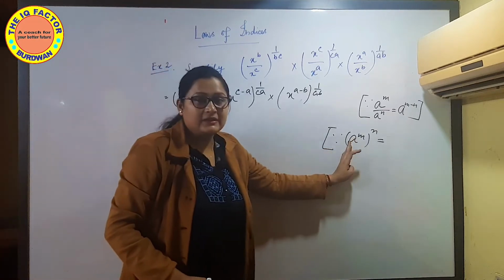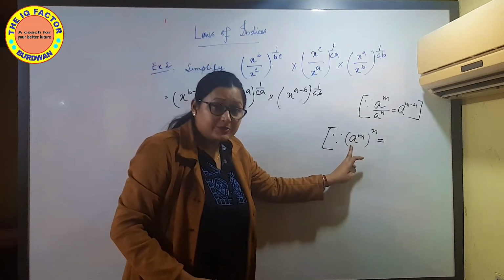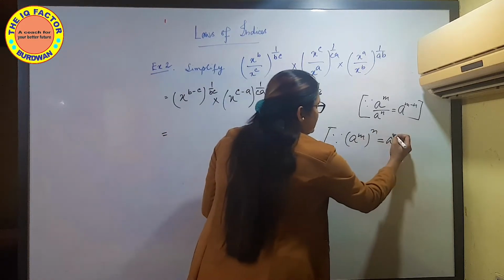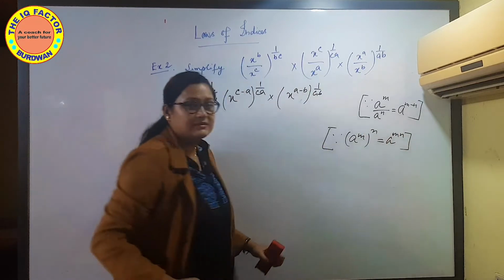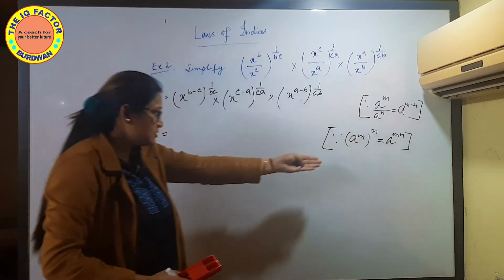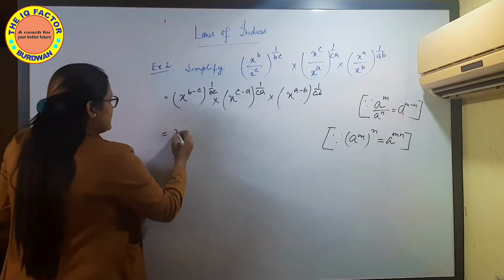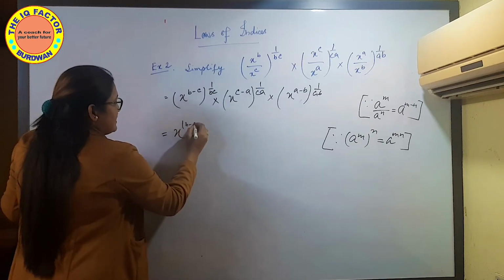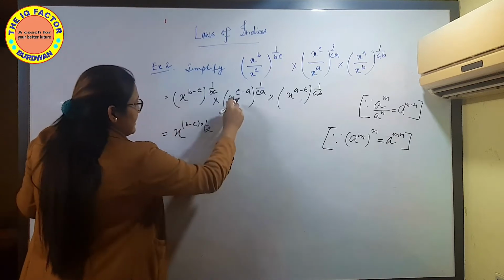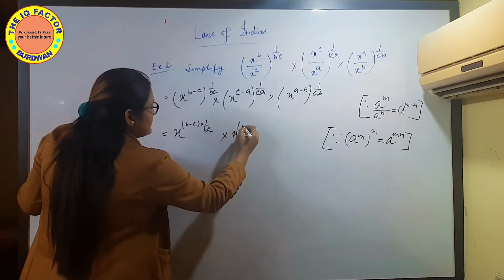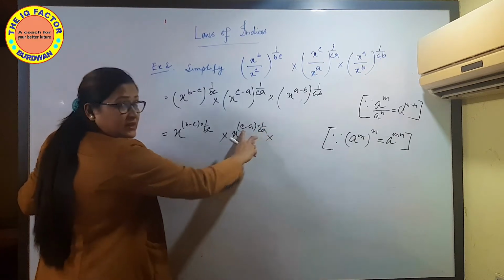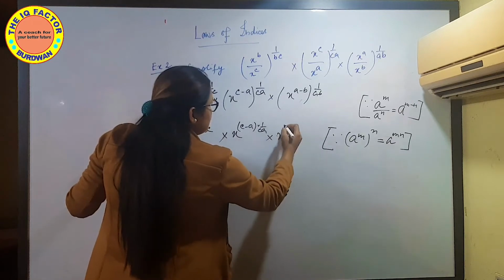So, it is like which law? a to the power m, whole to the power n, and we know it is a to the power mn from the laws of indices. So, we just apply it and solve. x to the power b minus c into 1 by bc, and this is x to the power c minus a into 1 by ca, and it is what?